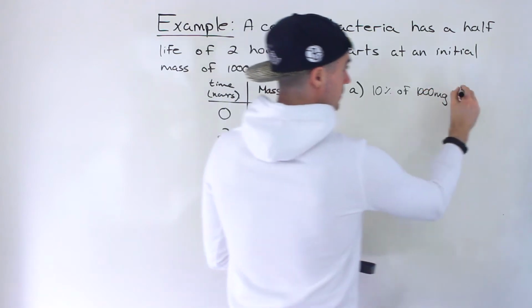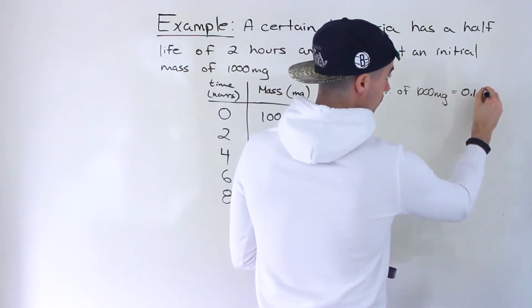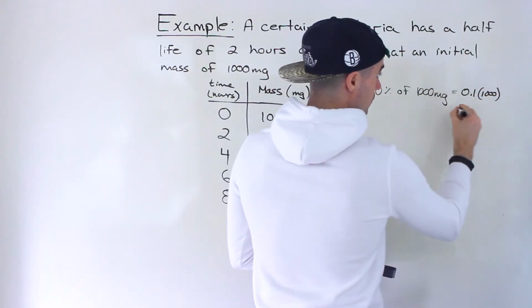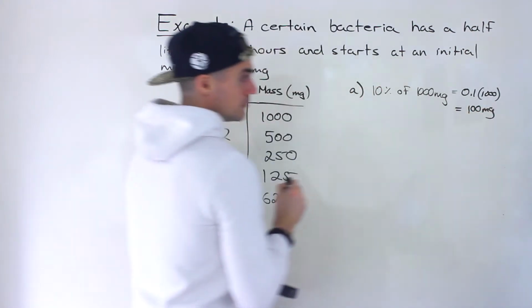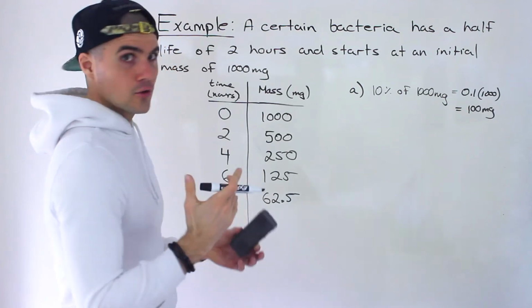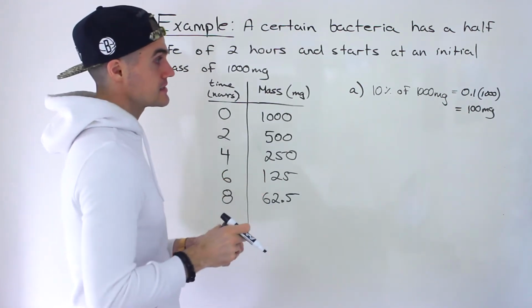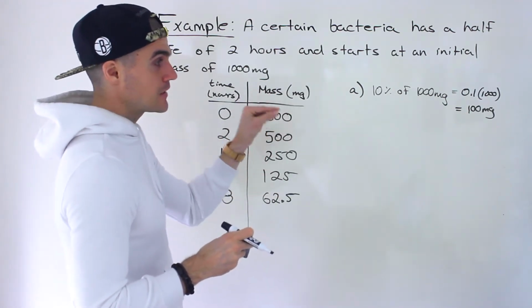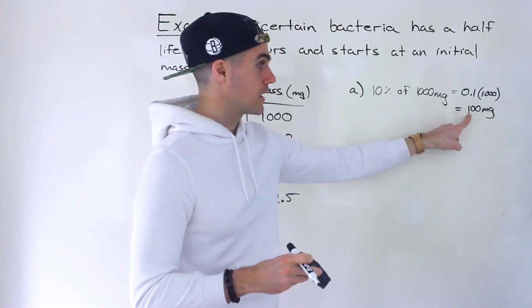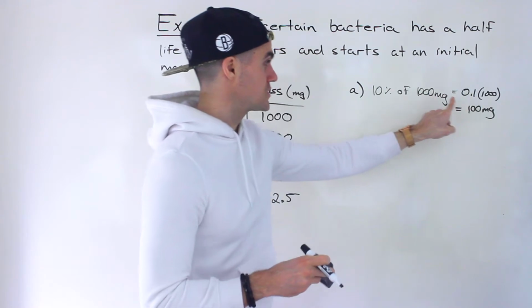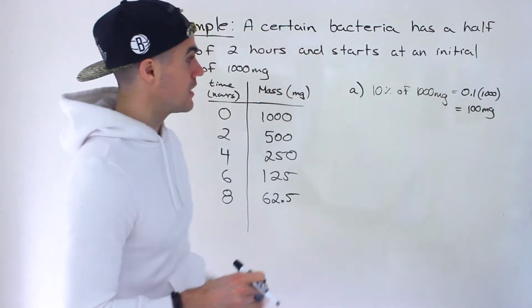We would just take the 1,000 multiplied by 0.1, remembering your decimals, so that's the same as 100 milligrams. So basically, another way to word the question of part A is, after approximately how many hours will the mass of the bacteria be 100 milligrams, which is 10% of the initial mass of 1,000.